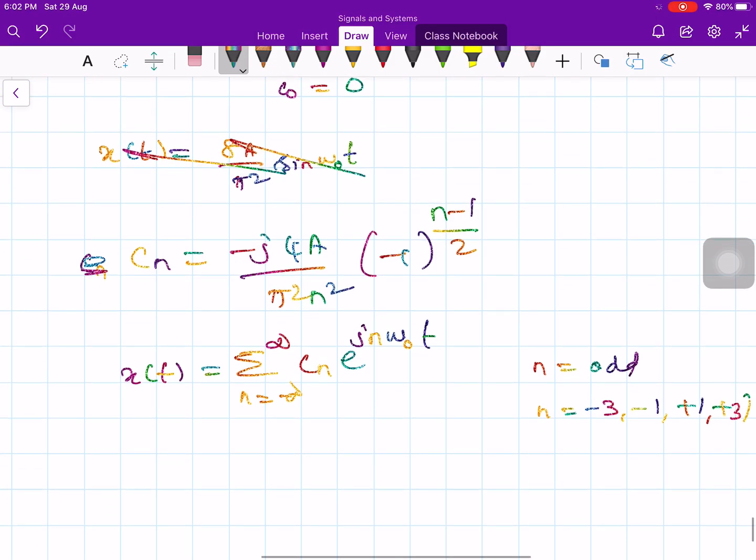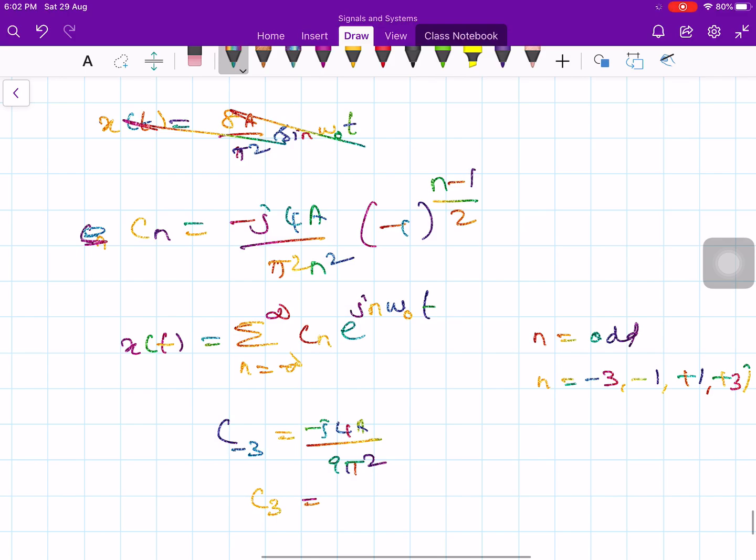You substitute in different values, like C minus 3 is equal to minus j times 4a divided by pi square, and 3 square is 9 pi square, right? What is C plus 3?